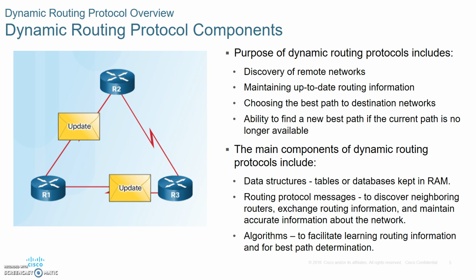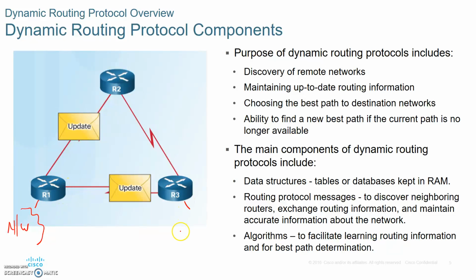Why do we need to use dynamic routing protocol? Dynamic routing protocol is basically used to discover remote network. If you remember, remote network are network that's not directly connected to you. For example, network 1 is directly connected to R1. He does not need a dynamic routing protocol to help him.